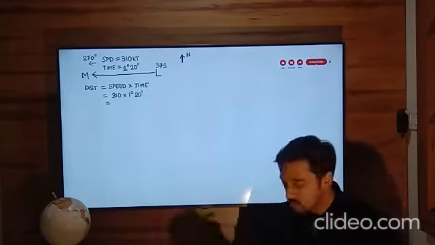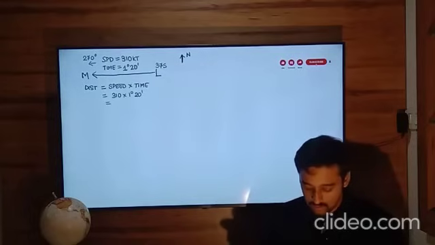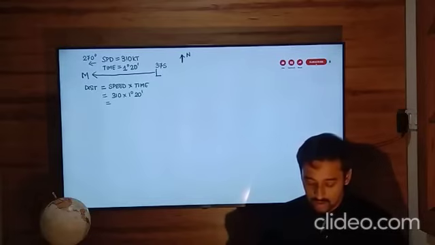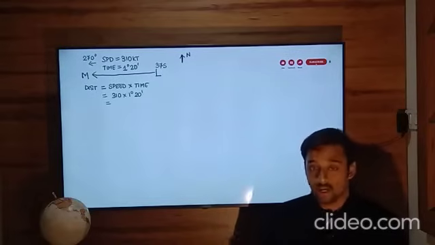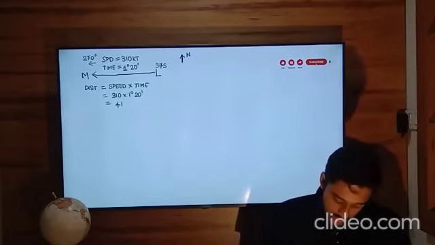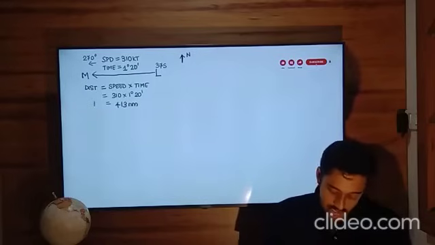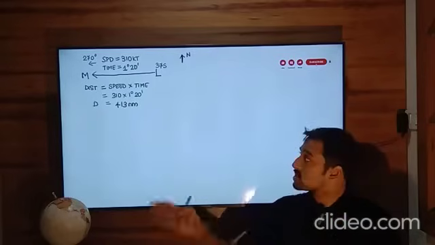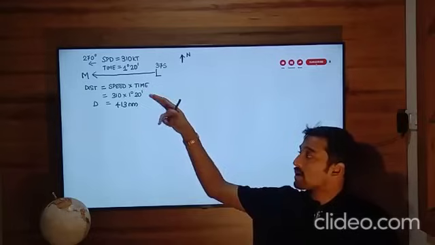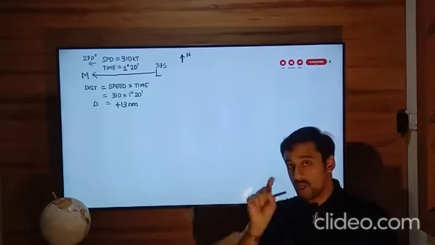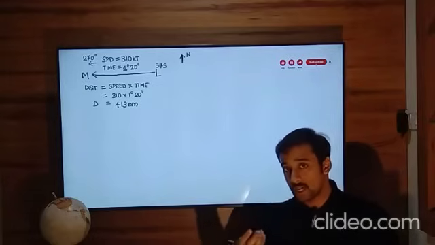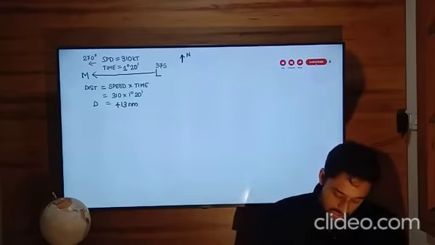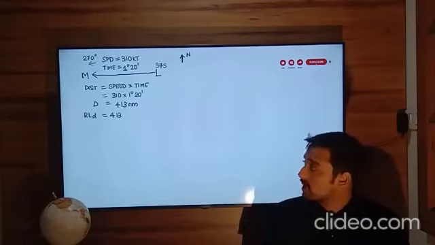So that is equal to, distance will be 413 nautical miles. Now this distance is nothing but your Rumline distance, when you are going from L to M at a heading of 270 along a fixed latitude. So this is nothing but your Rumline distance, 413 nautical miles.